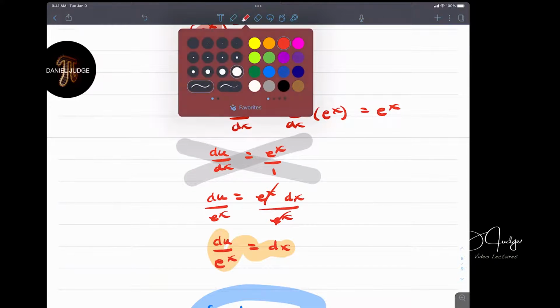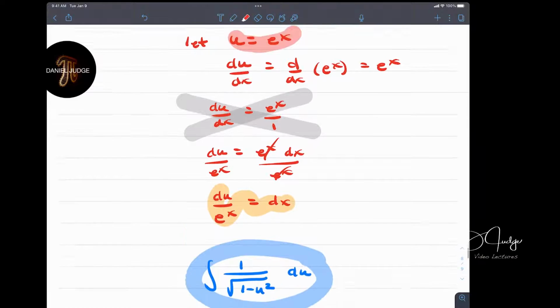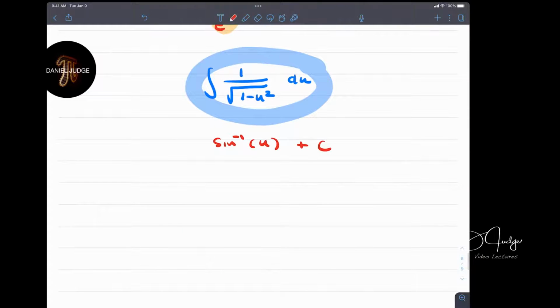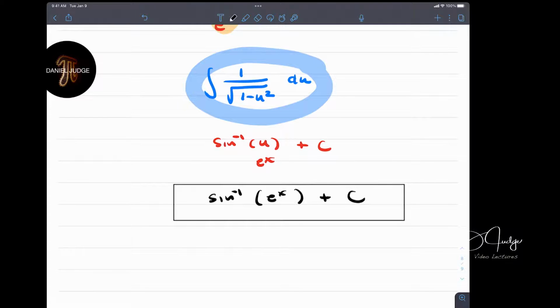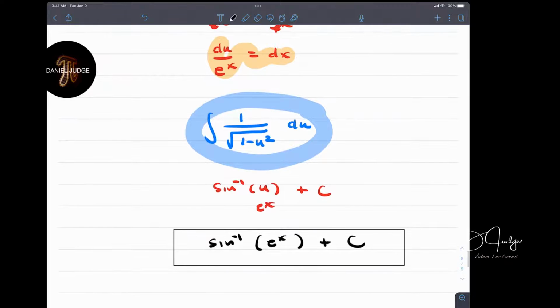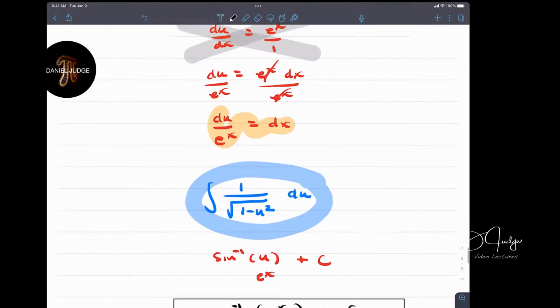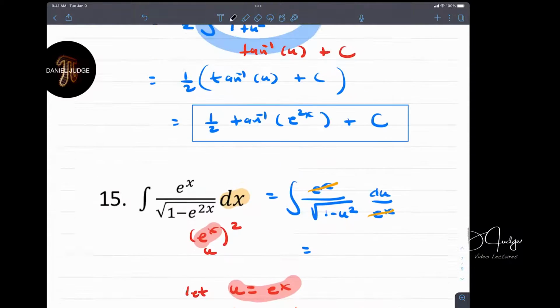E to the x. And there you go. Number 15.